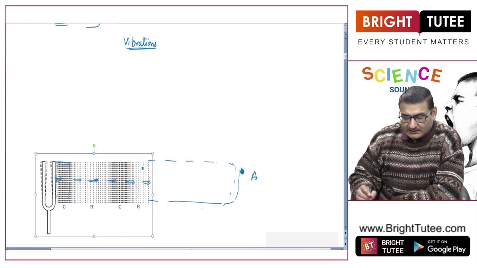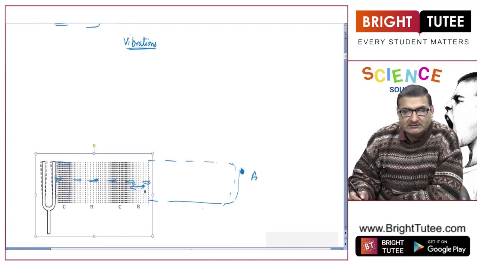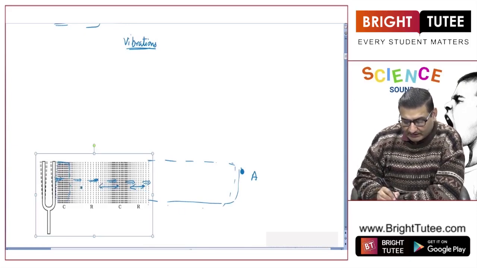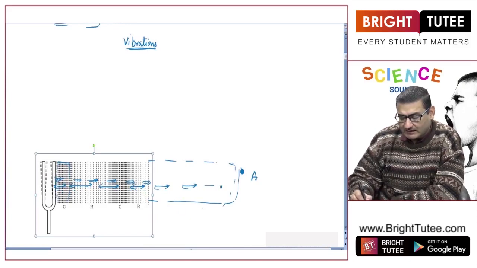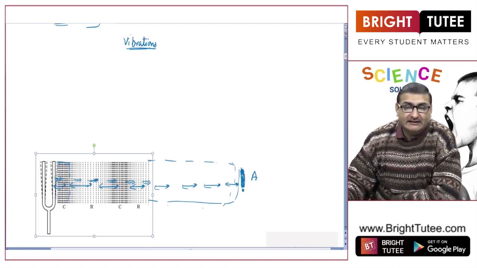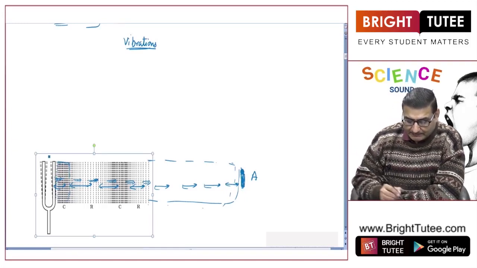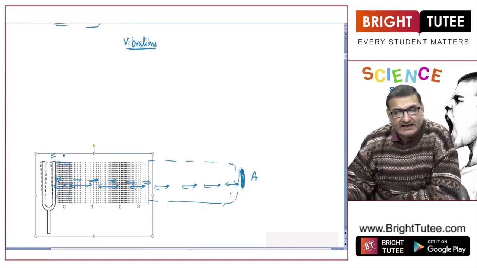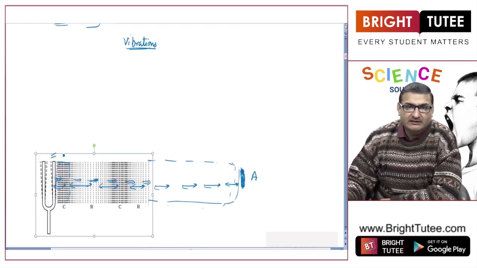So this is the to and fro motion the particles will be showing, all the particles, till they reach my ear. Got it? And this is how the vibratory disturbance caused by this tuning fork led to the production of sound which reaches my ear.